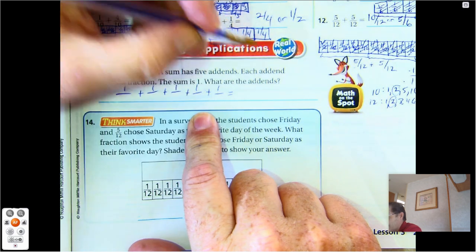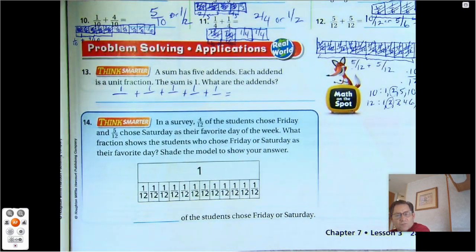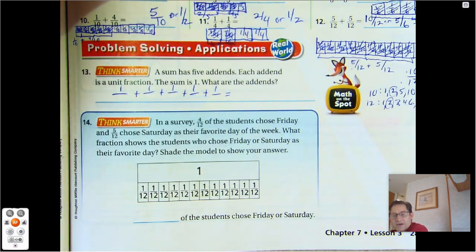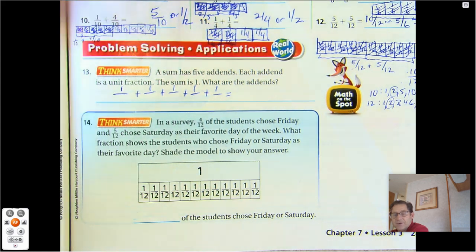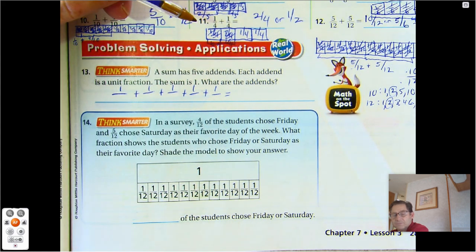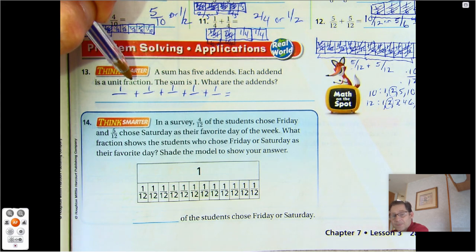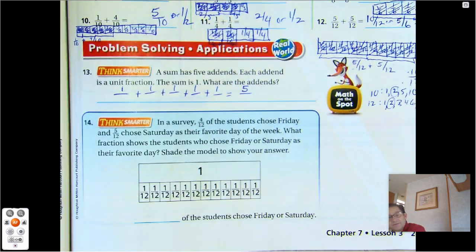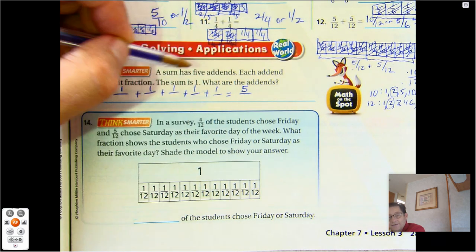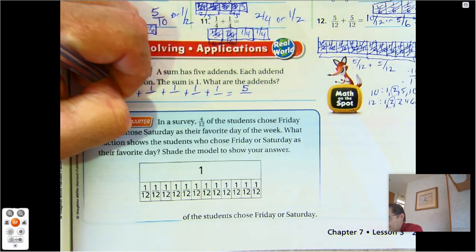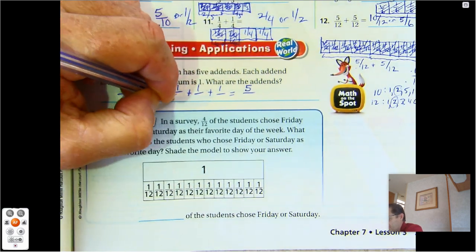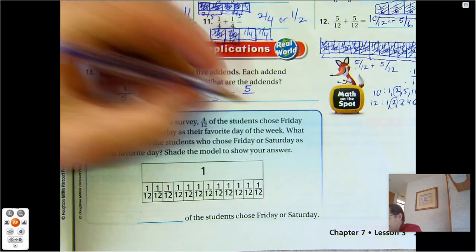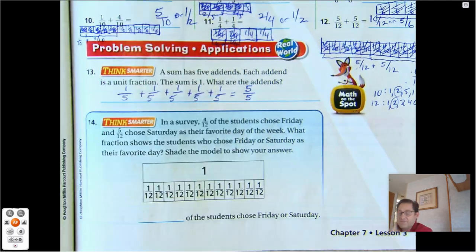Well, the only way to get a sum of 1 when we're adding fractions is for the numerator and the denominator to be the same. Okay, well, if it's a unit fraction, that means the numerator has to be 1. I have 5 addends, so the numerator is 5. And so if this fraction is equal to 1, the denominator has to be 5. So 1/5 plus 1/5 plus 1/5 plus 1/5 plus 1/5 is 5/5, or 1.